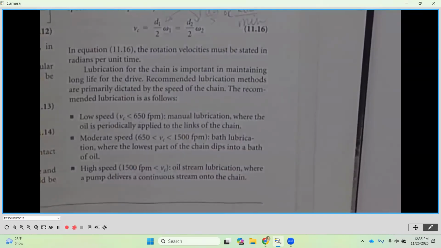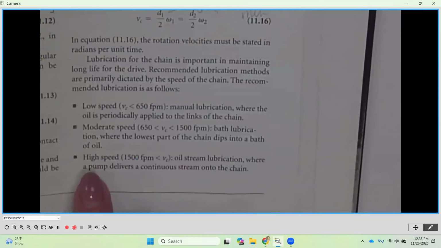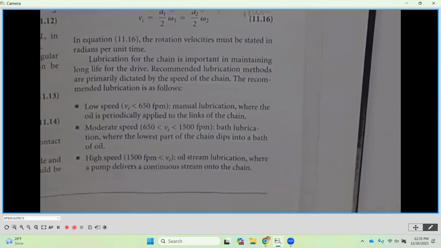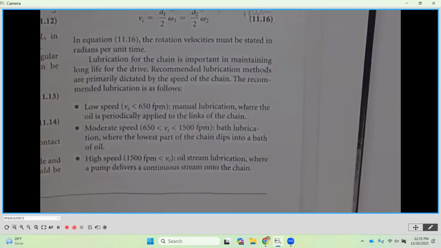And this just ensures, as you can imagine, the faster that chain is running, the more heat can build up, right? Because of the nature of those moving parts hitting each other. And then high speed, this is where you're going to incorporate a continuous stream of oil on that chain that is going to have a pump associated with it.